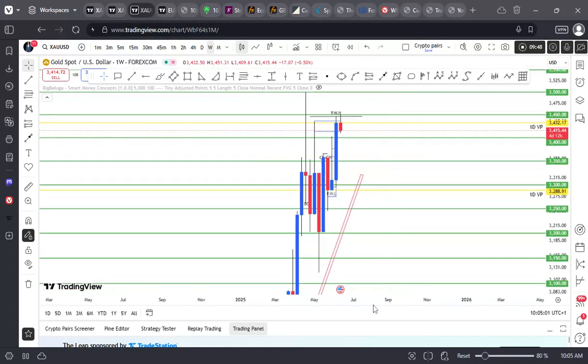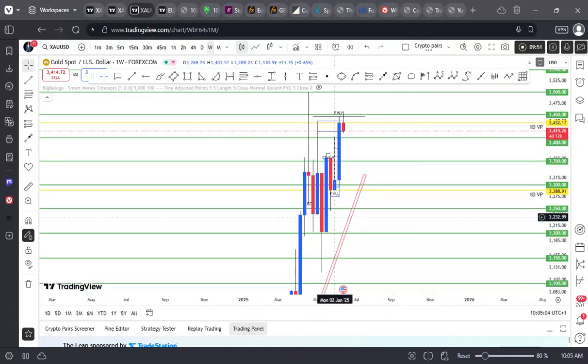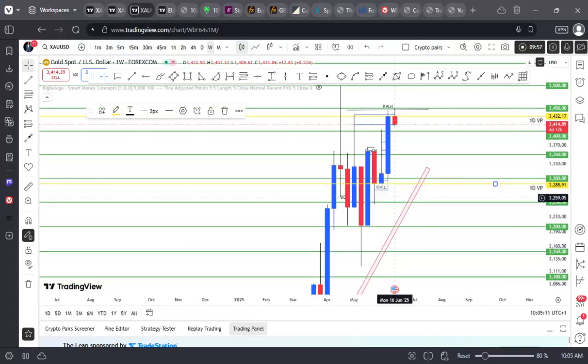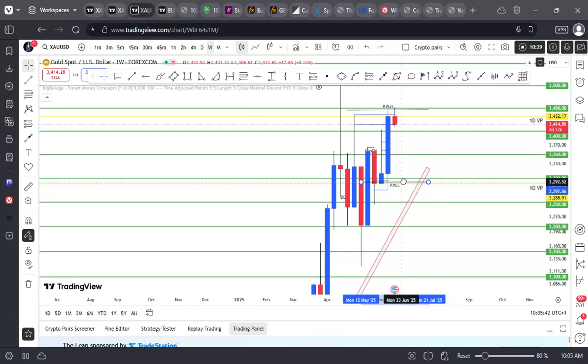Let's get the previous week low and update it. So with the previous week low right now, we are able to see that the market has potential for continuation of the buys. This is it for gold, XAUUSD.